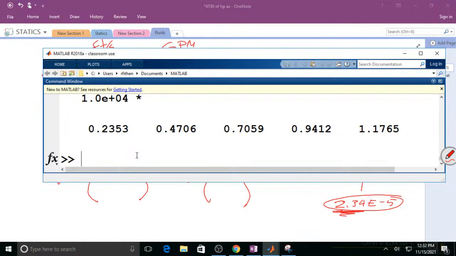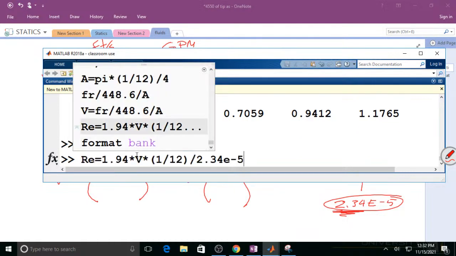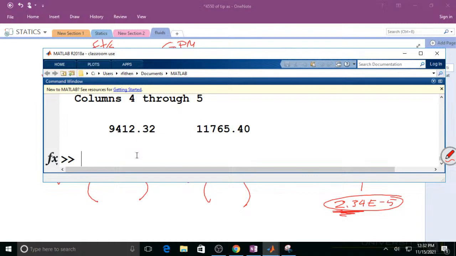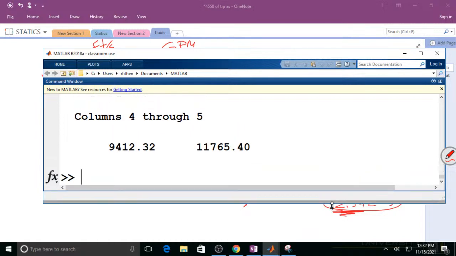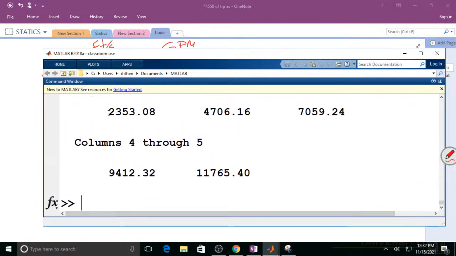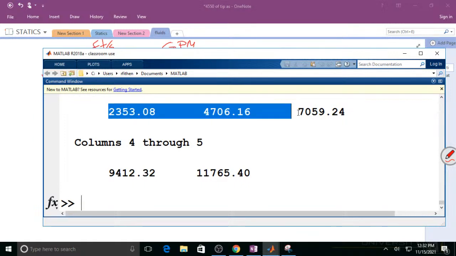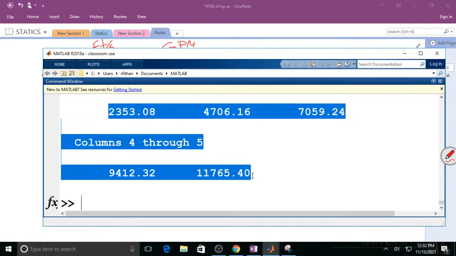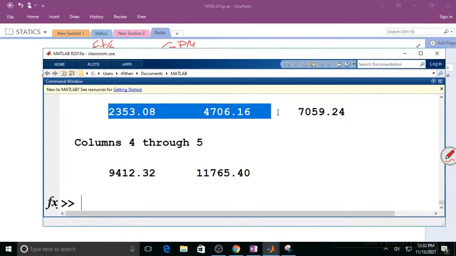And shoot, I don't know how to actually list these out. How about doing it like this? Let's do that. Okay. This way I can see them to 2 decimal spots. But I can't, can I copy them? No, it'll copy. So here's my Reynolds numbers.